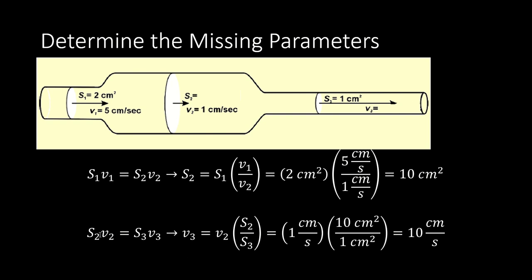Well, S2V2 would equal S3V3, because those are the two regions across our new separation medium or our transition medium. Fluid velocity V3 would just be V2 times the ratio of S2 over S3, or 1 centimeter per second times the ratio of 10 square centimeters per 1 square centimeter, which just gets us to 10 centimeters per second.